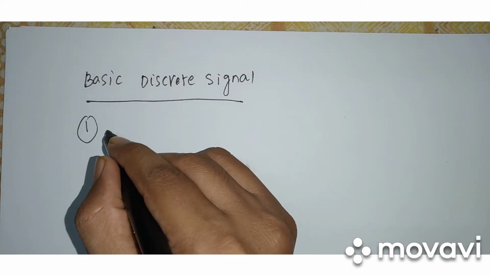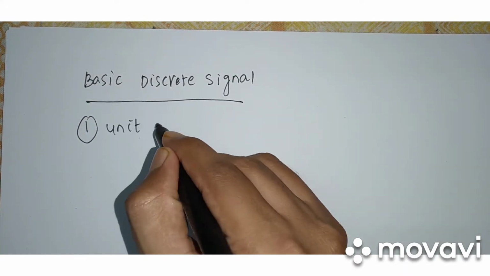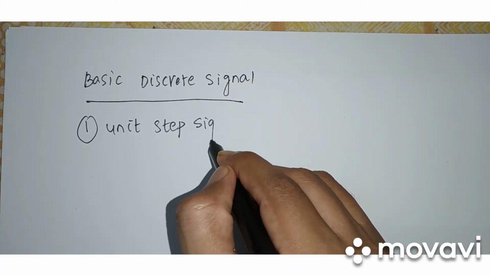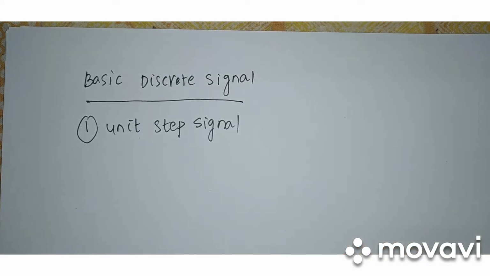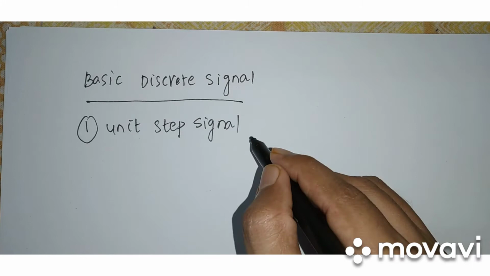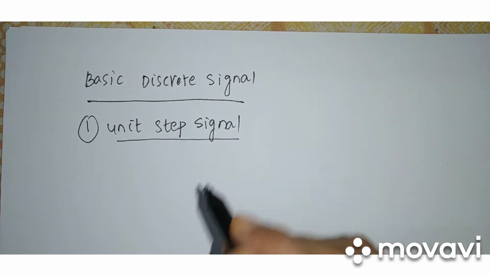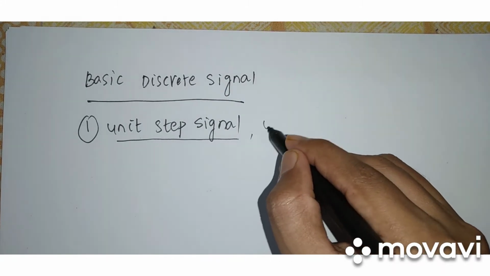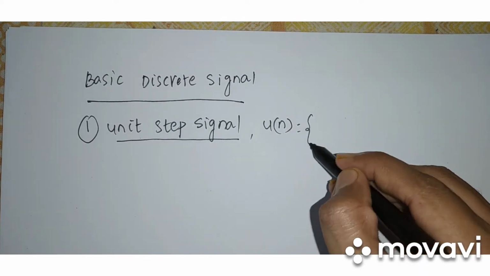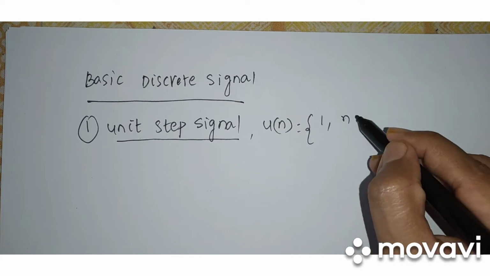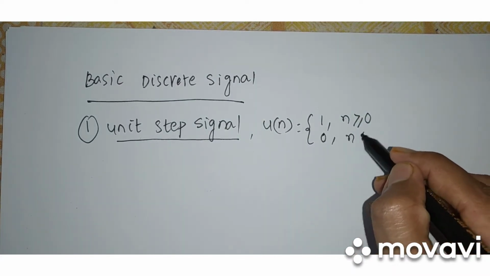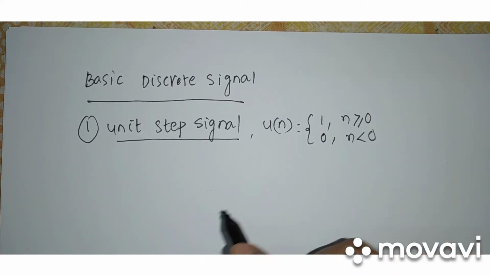First is unit step signal. This unit step signal is defined as u of n equals to 1 for n greater than equals 0 and 0 for n less than 0.